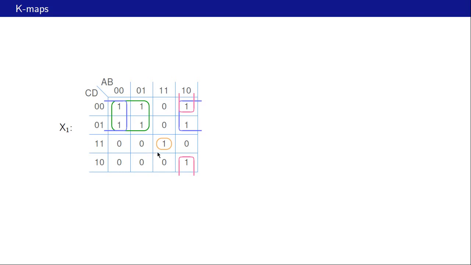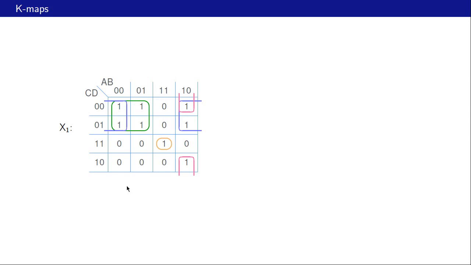Alright, now this one cannot be combined with any neighbor, and therefore that remains as a minterm. This one is adjacent to this one, because this row and this row are logically adjacent, and therefore we can combine that one with this one.